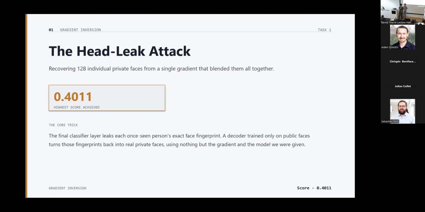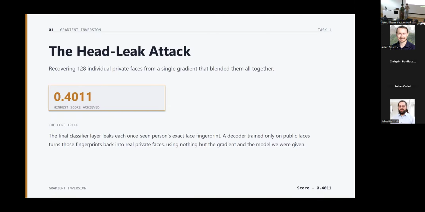However, we then came up with a new approach, the head-leak attack. The idea is that we are given the gradients, and from the final layer we can extract a unique, or almost unique, fingerprint for the singletons in the gradient set.